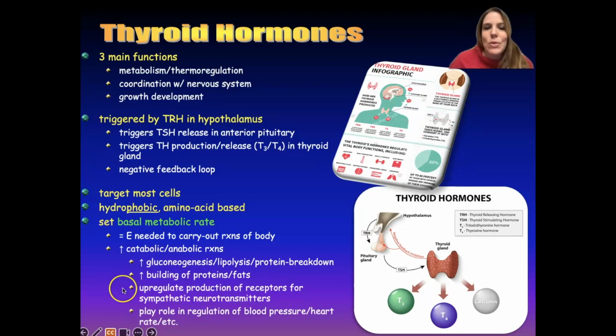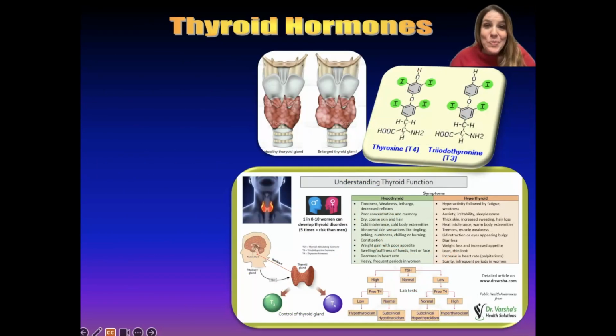And so thyroid hormones are playing a role in the upregulation in order to produce more receptors to bind to sympathetic neurotransmitters. And finally, and related to all this, these thyroid hormones are going to play a role in the body's regulation of blood pressure, regulation of heart rate, and some of these other things that happen in our body that are so important for our homeostasis. So now you have a good background on the thyroid hormones.